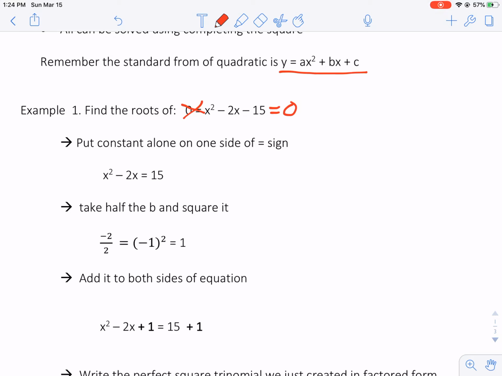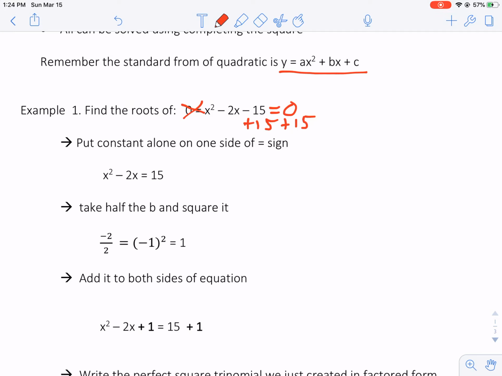Completing the square is the exception to that rule. So this time you want the constant to be by itself. So we are going to add the 15 to both sides, and that will give us x squared minus 2x equals 15.